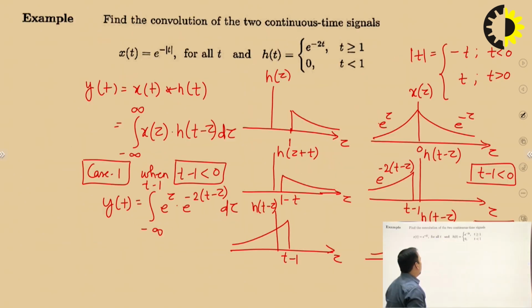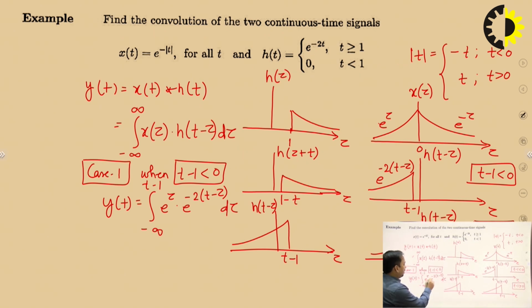We can clearly find this out with the help of this integral, as we can see that this will be minus infinity to t minus 1, e raised to power 3 tau d tau. Also we'll be having e raised to power minus 2t outside, because it is independent of tau, and just put the limits over here.